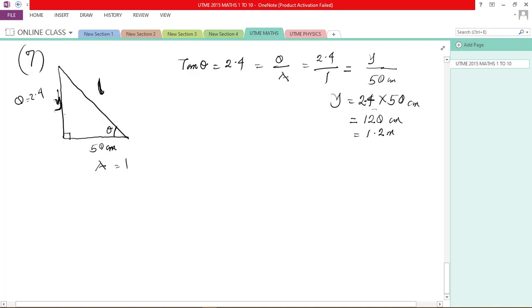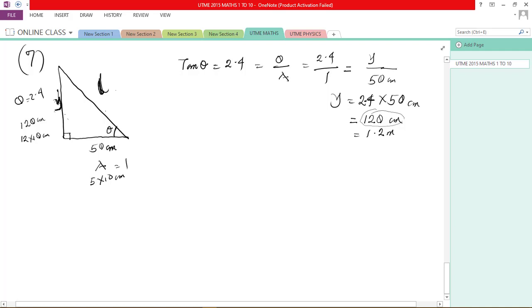Now, without wasting time, look at what we have here. Here is 120 centimeter, and we're looking for the value here. If you look at the lecture I gave on Pythagorean triple, you see that this is more or less like 5 times 10. This is 120, this is 12 times 10 centimeter.